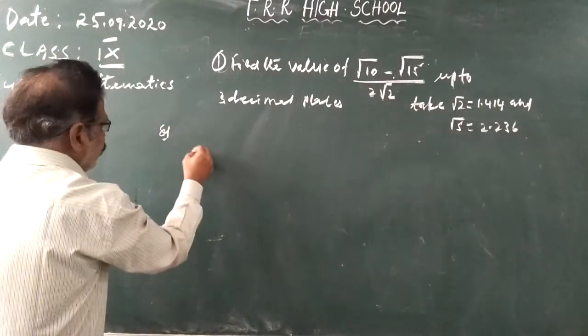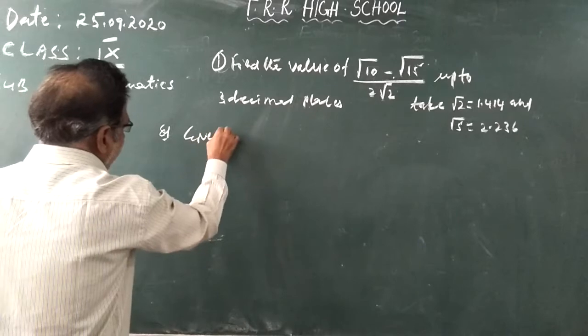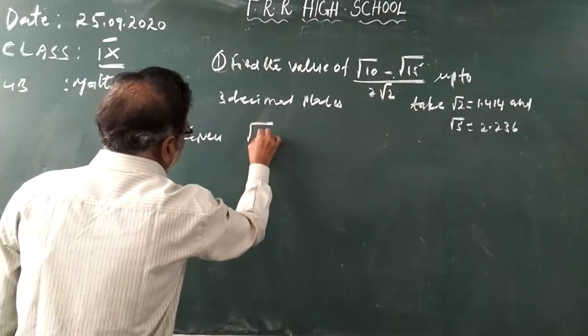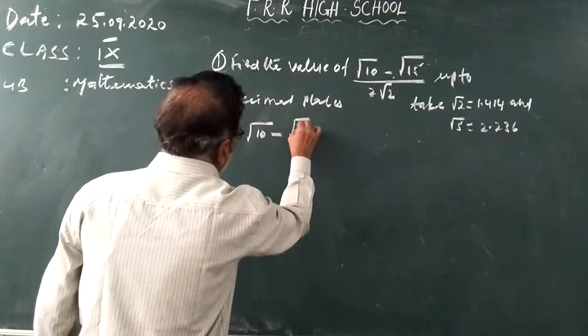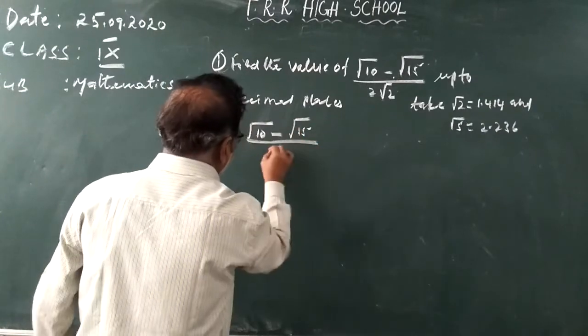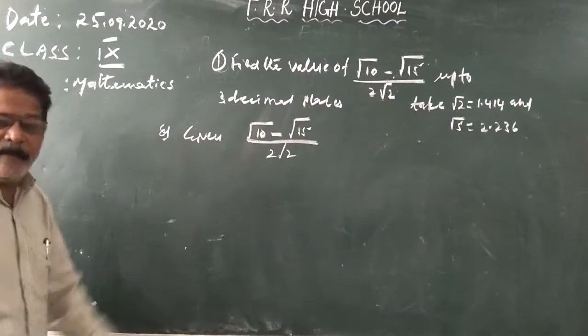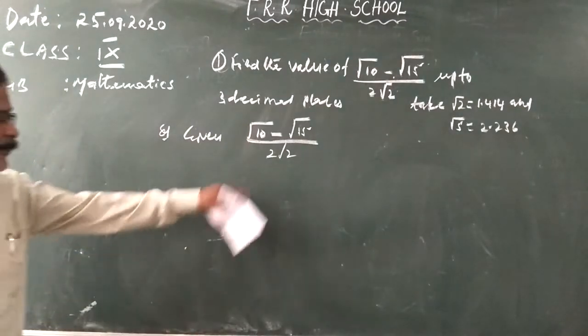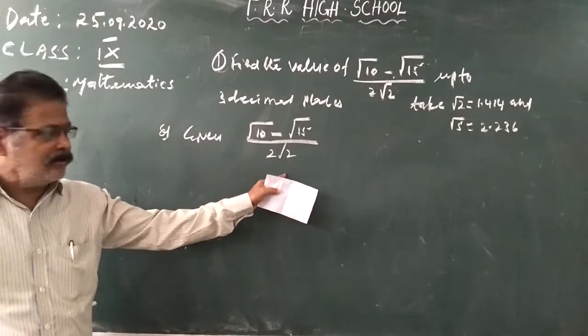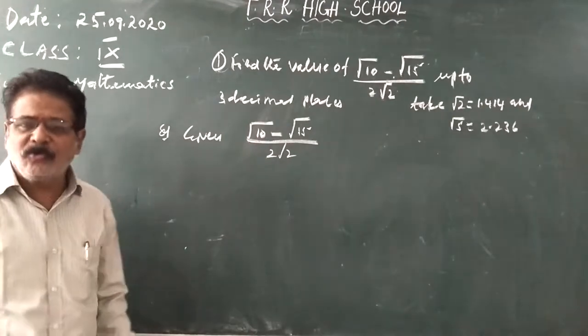Solution. Given: root 10 minus root 15 by 2 root 2. Now rationalize the denominator. In the denominator, what is the irrational number? 2 root 2. The rationalizing factor of root 2 is root 2 only.